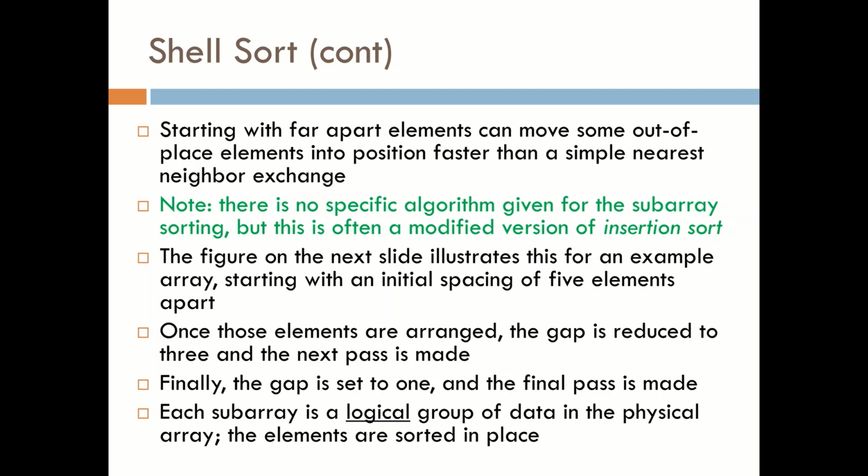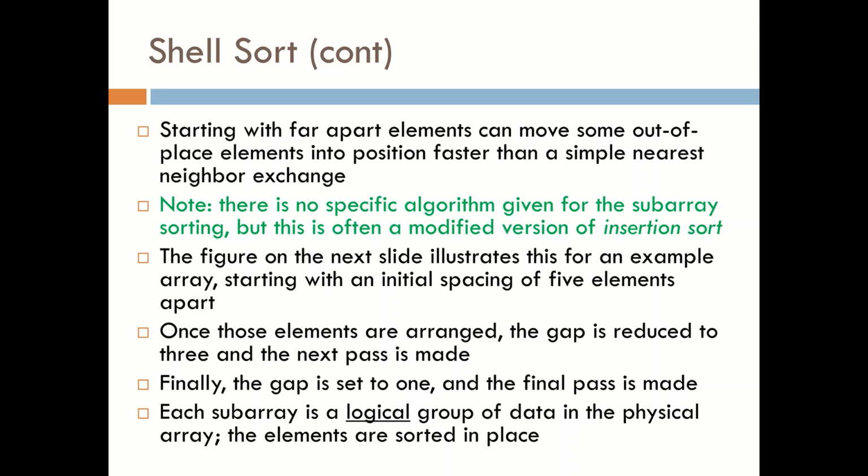So the example that we will show does what's called a 5 sort. That's a gap of 5 elements, and then continues on to a 3 sort. That's sorting items that are 3 elements apart, and then finally finishes with a 1 sort.